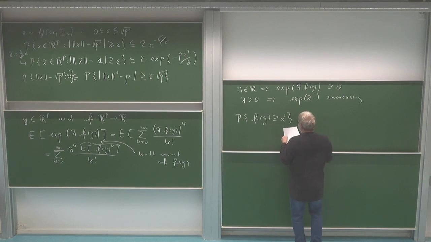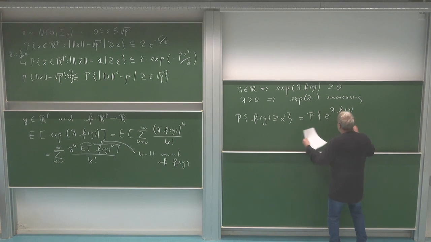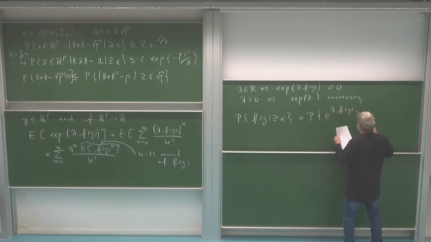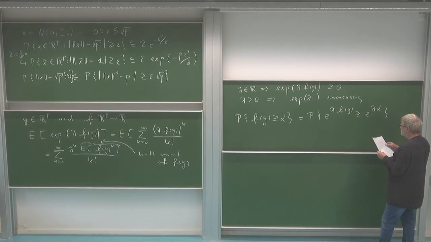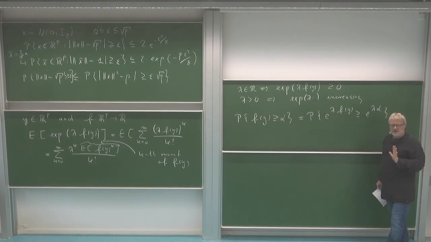So this here is the same as the probability that, instead of f of y, I'm looking at e to the lambda f of y, but then of course I have to ask that this should be bigger than e to the lambda alpha. Because for each y this inequality is the same as this inequality here.